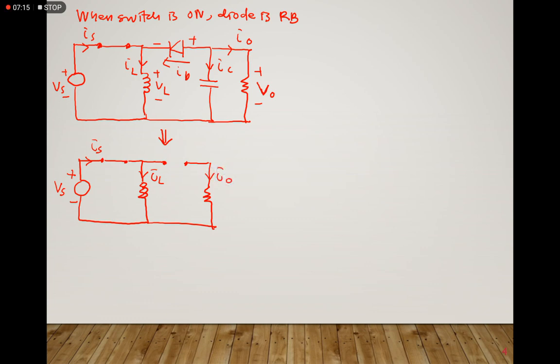Alright, so we can see from here, since your diode is being replaced by an open circuit, it will be disconnected. Your load here will be disconnected from the circuit. So we redraw it back, it will become something like this: your switch, and then your inductor over here.